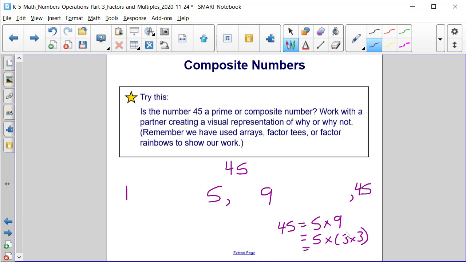And then we can group the first 3 with this 5 instead of with the second 3 and have it be 5 times 3 times 3, which is 15 times 3. And since 45 has 6 factors instead of only 2, it is clearly a composite number.